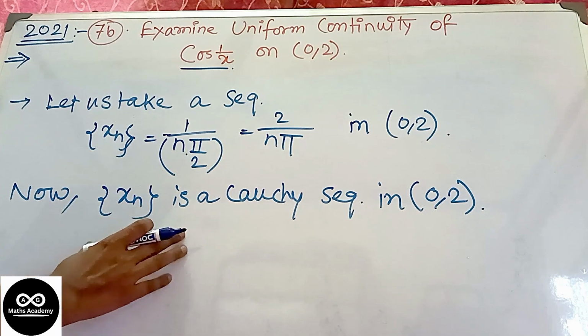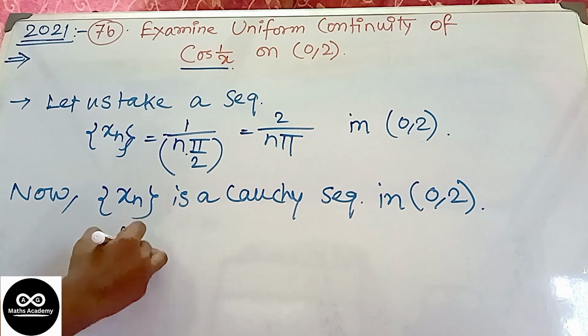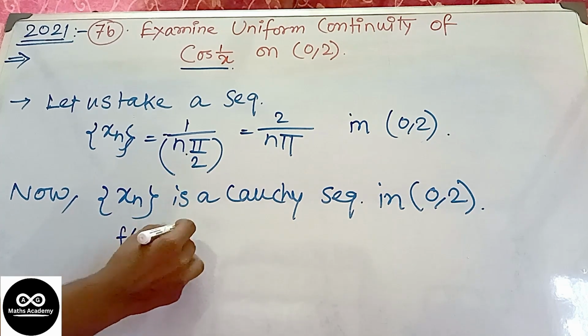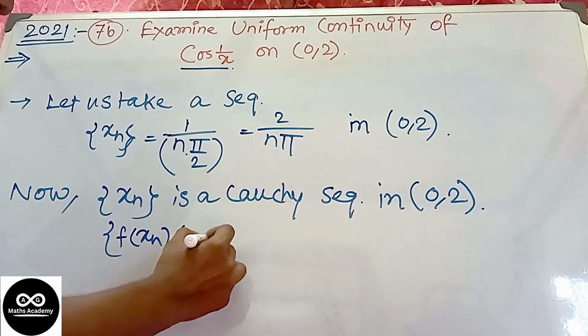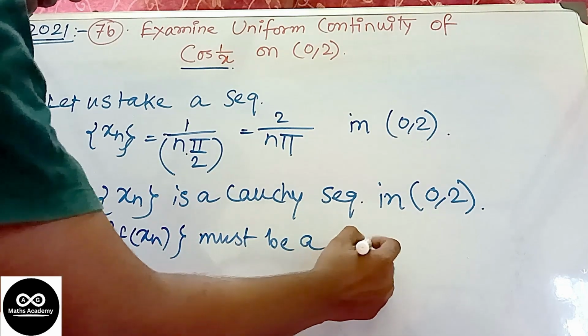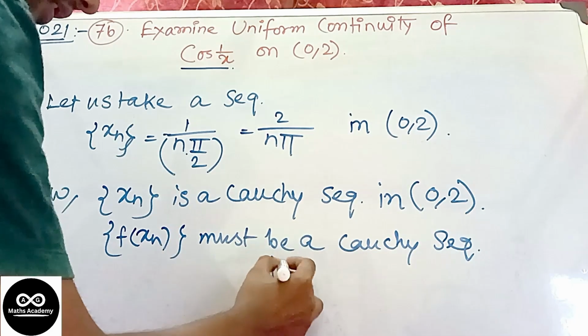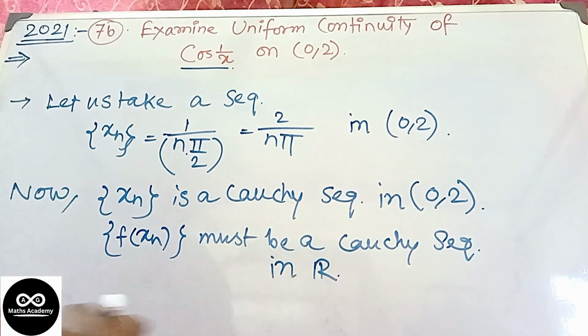So now the condition was f of xn must be a Cauchy sequence in R. Okay.